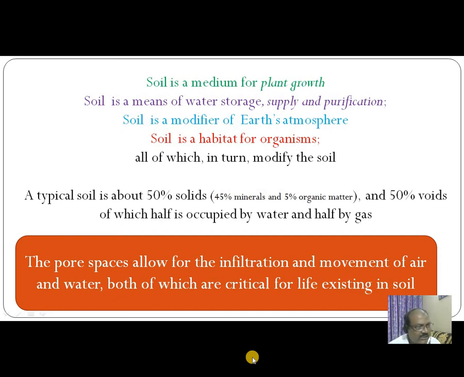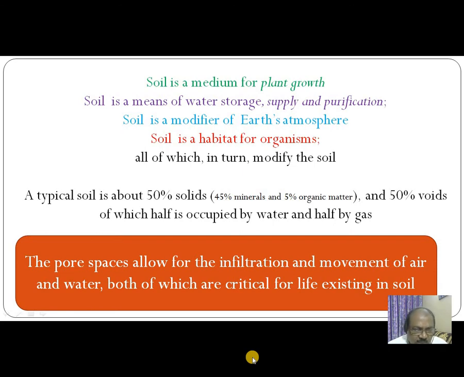A typical soil, if considered, has 50% solids and 50% voids. Even in the 50% solids, the majority consists of 45% minerals and 5% organic matter. And voids are occupied by water and by gas.